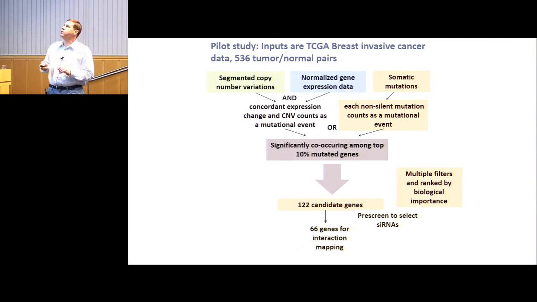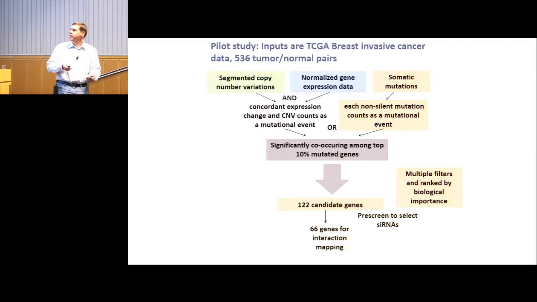And so we started with just a set of 536 tumor normal pairs, and we looked at copy number variants, and we screened by gene expression data as well. So if you have a loss of a copy, we'd also look for whether those gene expression levels went down. We also looked at somatic mutations, and we looked for significantly co-occurring among the top 10% of mutated genes. This identified 122 candidate genes.